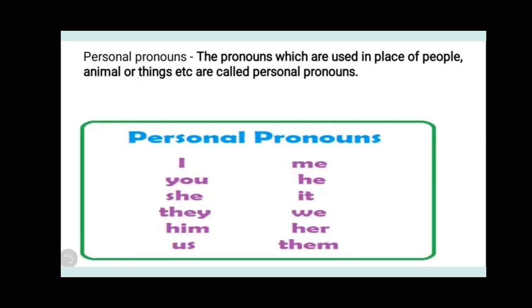The pronouns which are used in place of people, animals or things, etc. are called personal pronouns. And some of the common personal pronouns are I, me, you, he, she, it, they, we, him, her, us, and them.